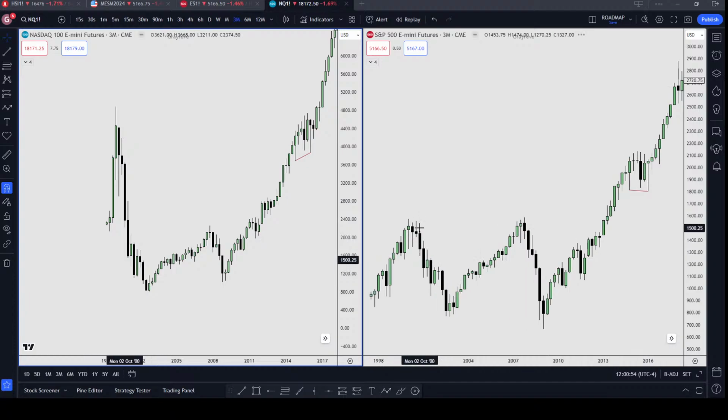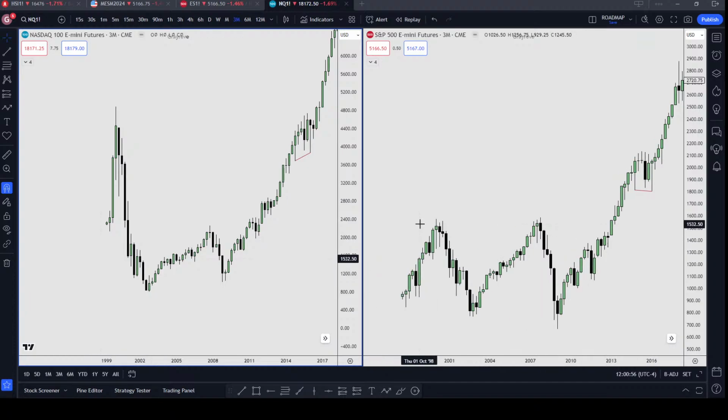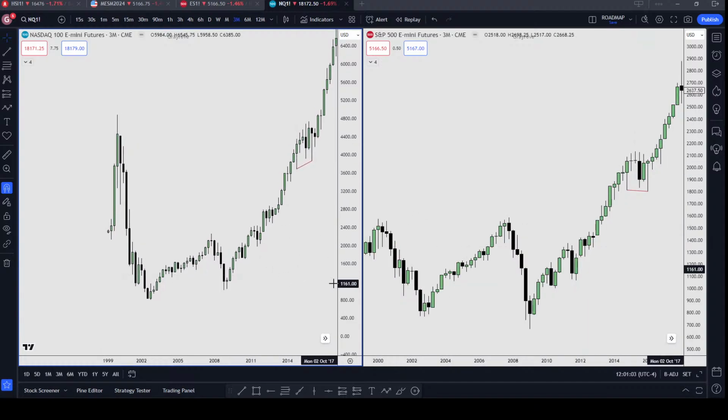So if we were to look for maybe an example of a crash, right, we have it here.